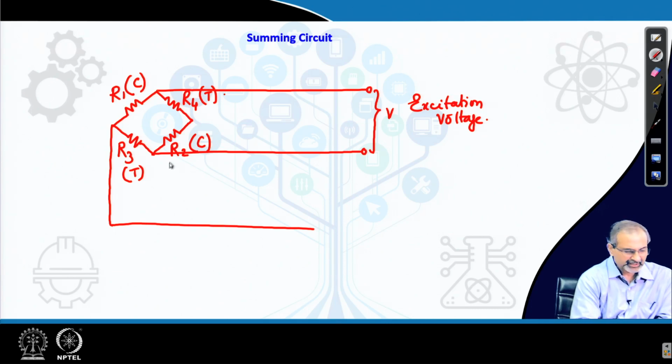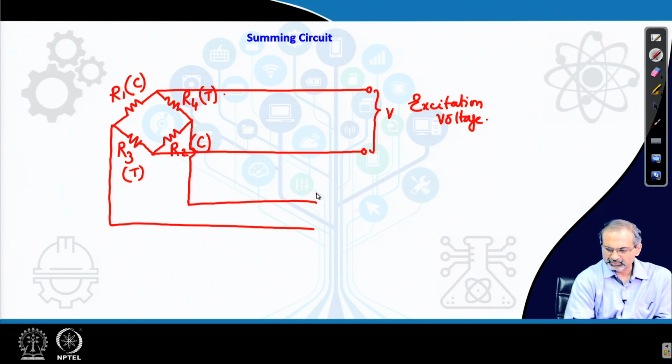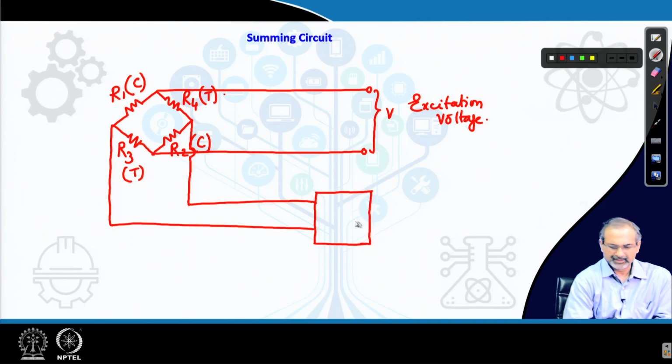Now, why it is called as summing circuit and another one which we will see soon is called as a differencing circuit will become clearer when we do the calculations in another lecture, but for now let us get used to the arrangement first, how we arrange the resistors and which one is under compression and which one is in tension.